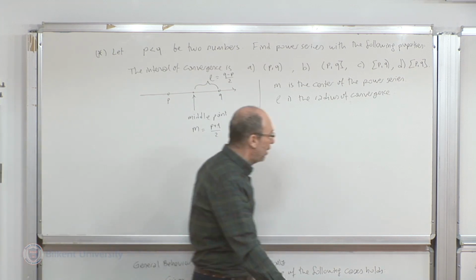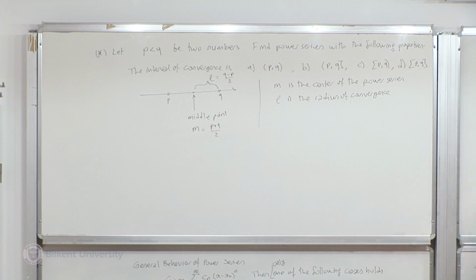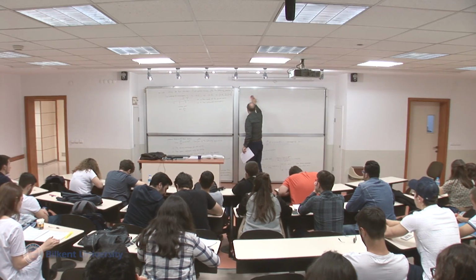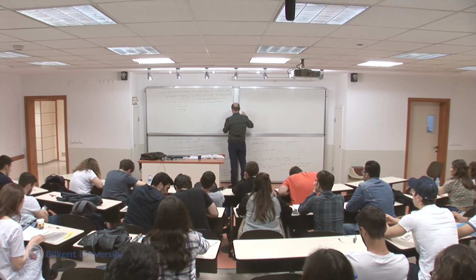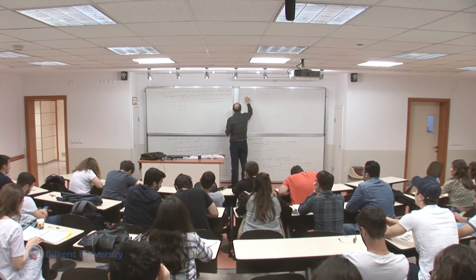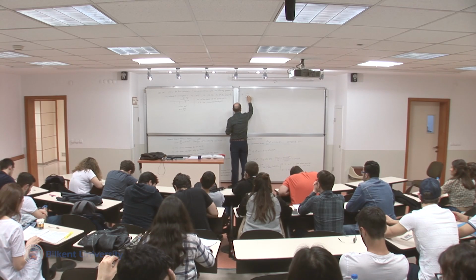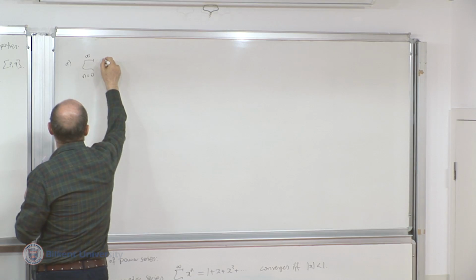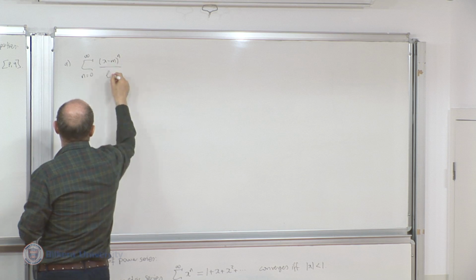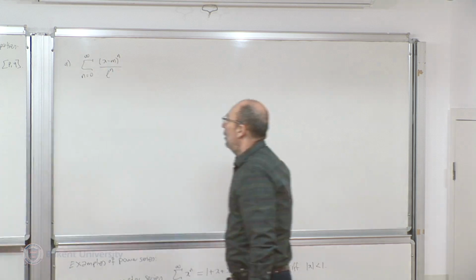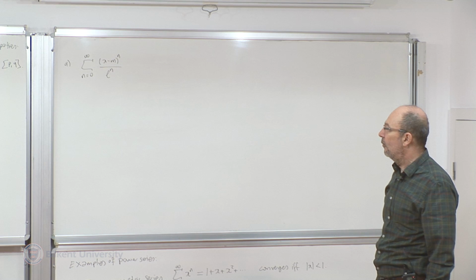Okay, so let me start with the first one. For A, I suggest that we look at the sum from n equals 0 to infinity of (x minus m) to the power n divided by L to the n.